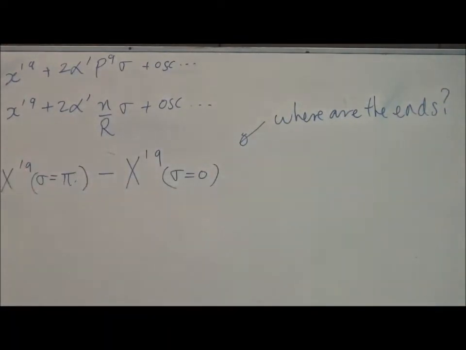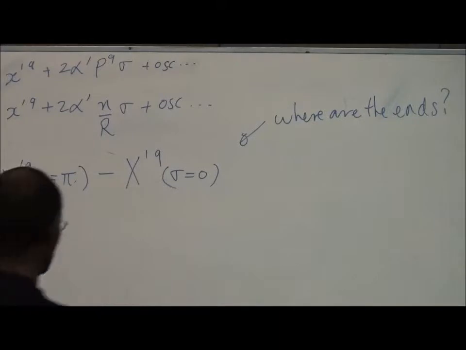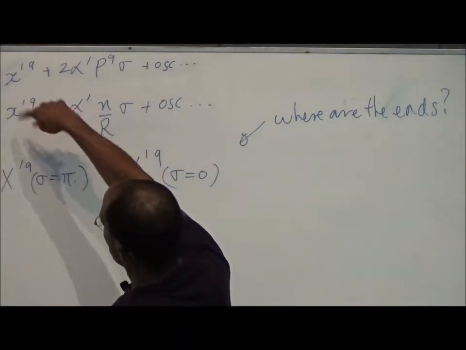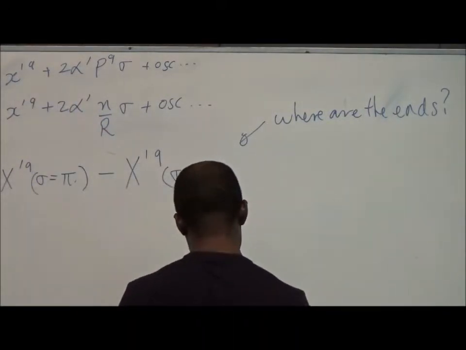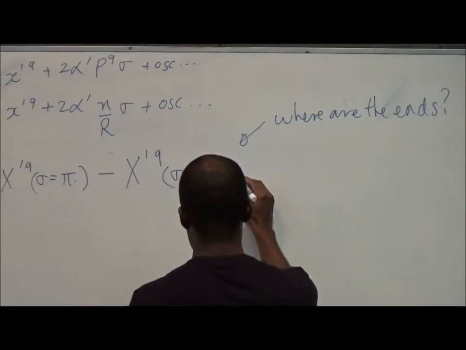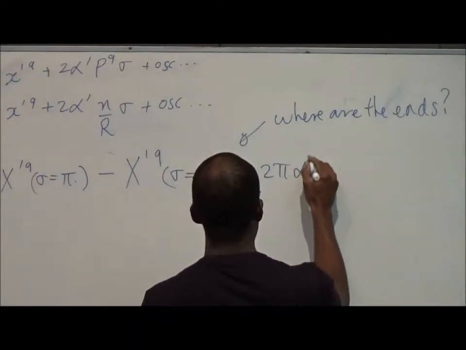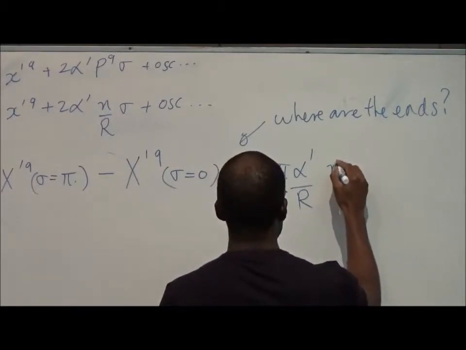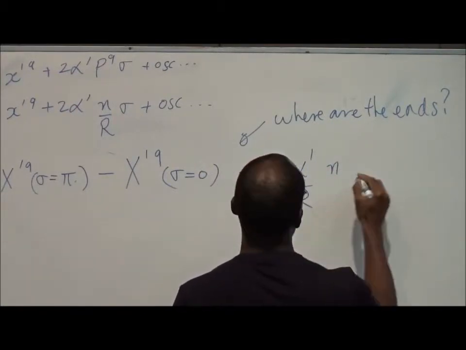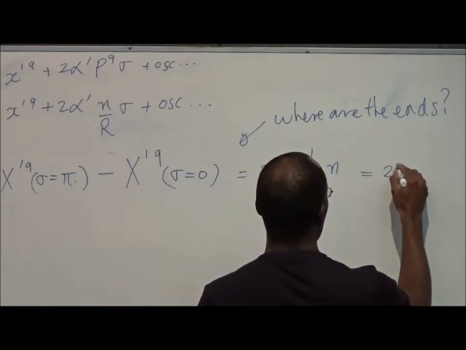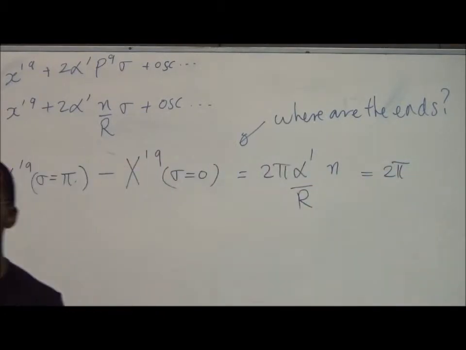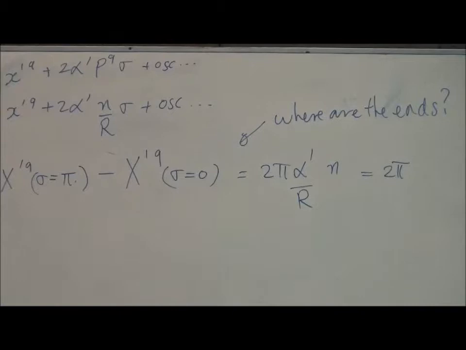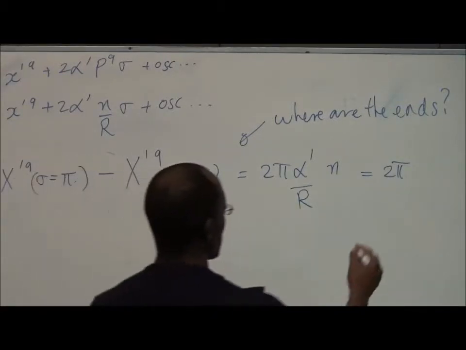So I can do that computation. It conveniently gets rid of that x9 prime, which is just keeping track of some center of mass, which we don't care about so much. And I have 2 pi alpha primed over r n, which I'm going to write as 2 pi alpha primed over r, a very nice natural quantity. It's the inverse radius, the r prime. So let's call it r prime.